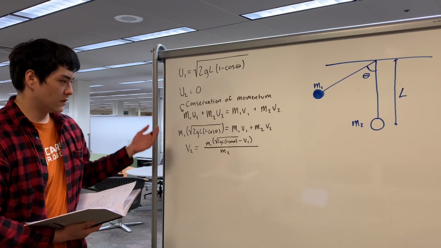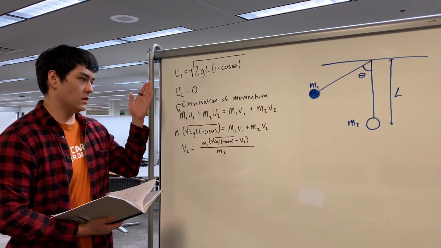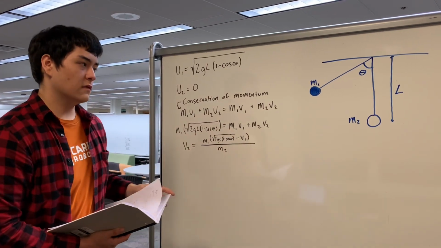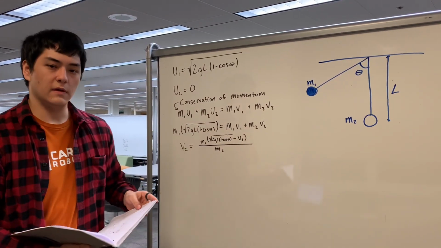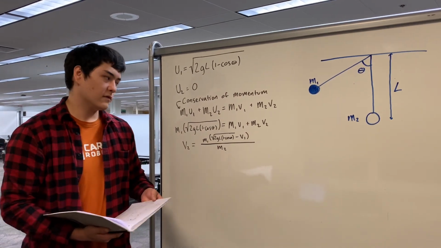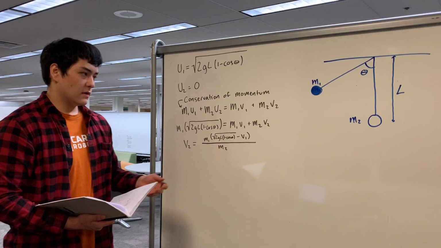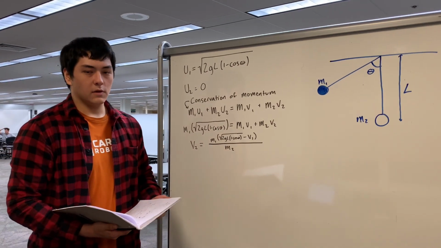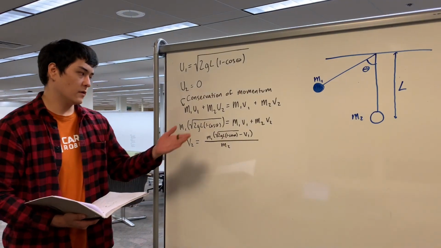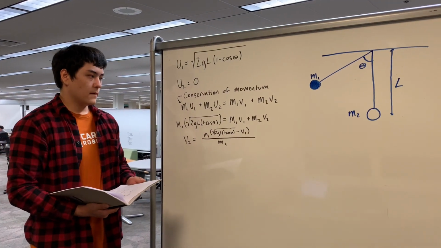Now that we've determined the initial velocity before the collision for both balls, we want to find out the velocity of the balls after the collision. Because, as we outlined earlier, the collision is elastic, we can use the conservation of momentum here.